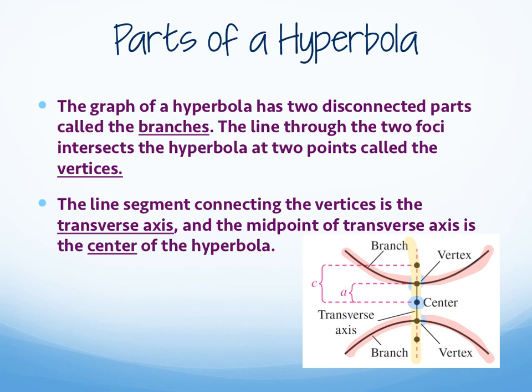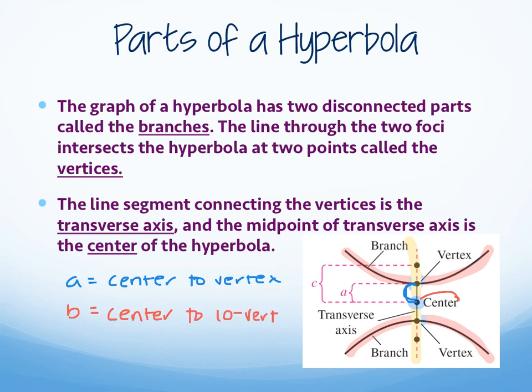So just like with ellipses, you're going to have a relationship between A, B, and C. With the ellipse and with these, the distance from the center to the vertex is your A. B is the distance from the center to the co-vertices, just like your ellipse.